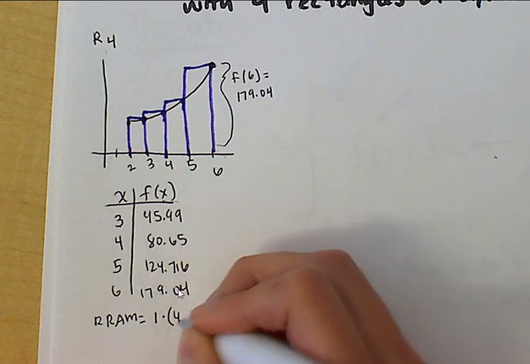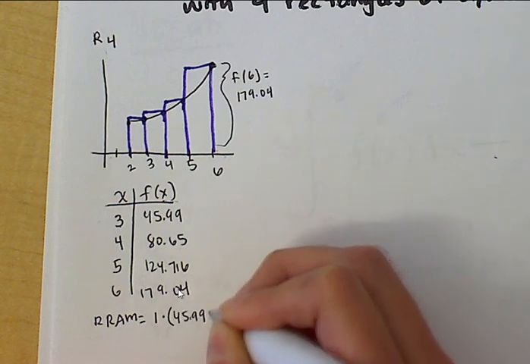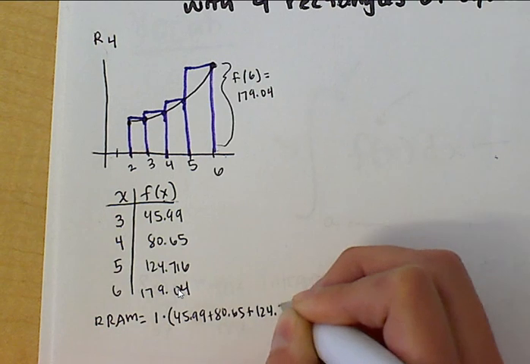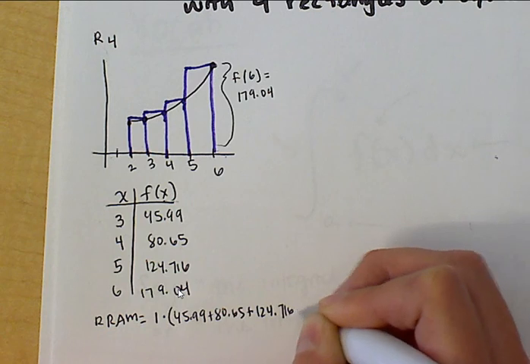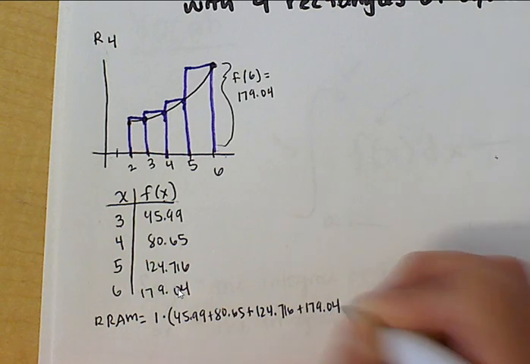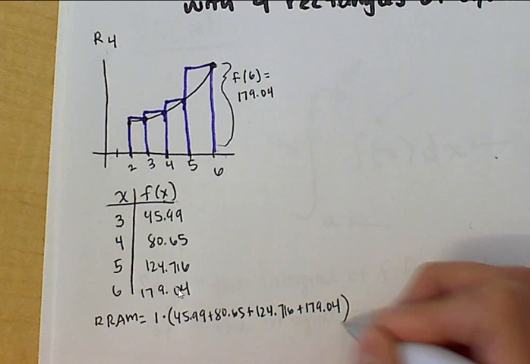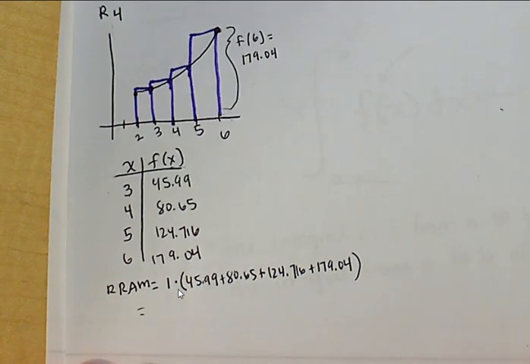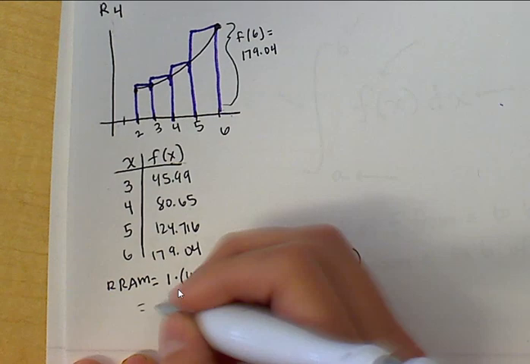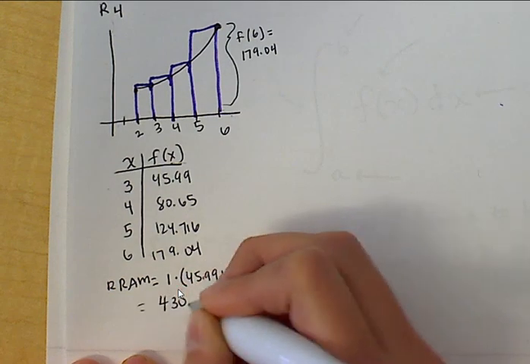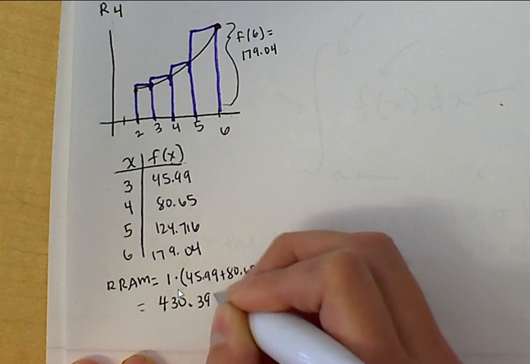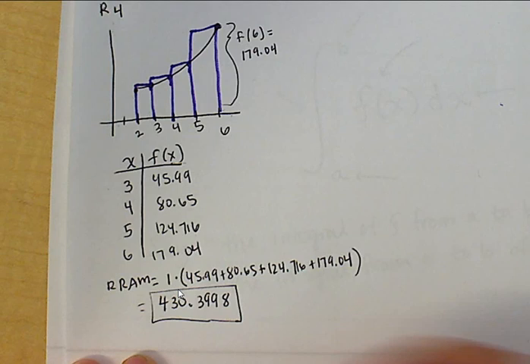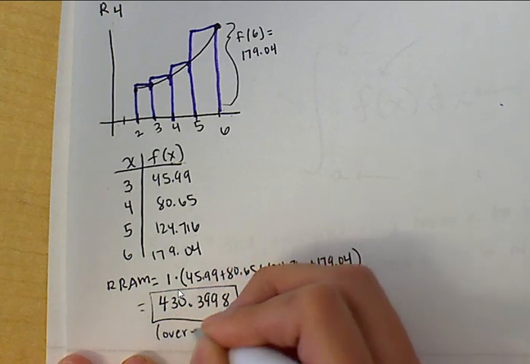So 45.99 plus 80.65 plus 124.716 plus 179.04. Eeps, that went long. Add them all together, and you get 430.3998. And this, as I said before, is an overestimation of the area.